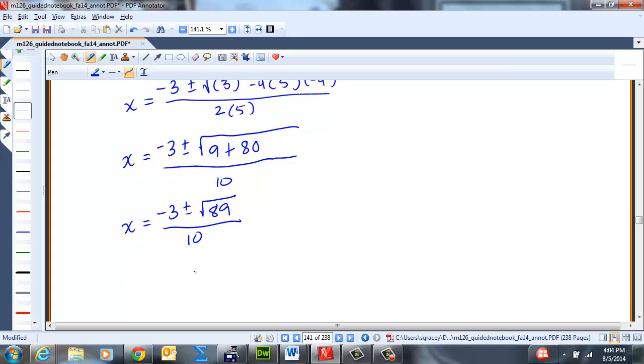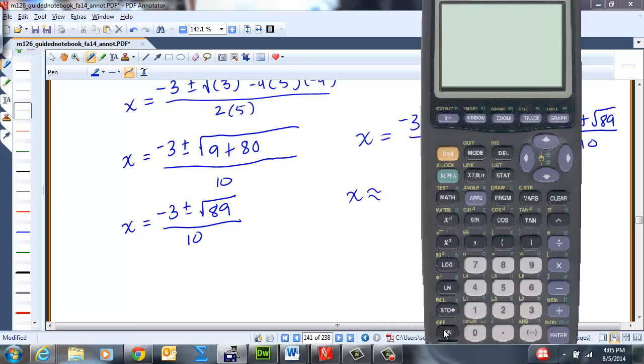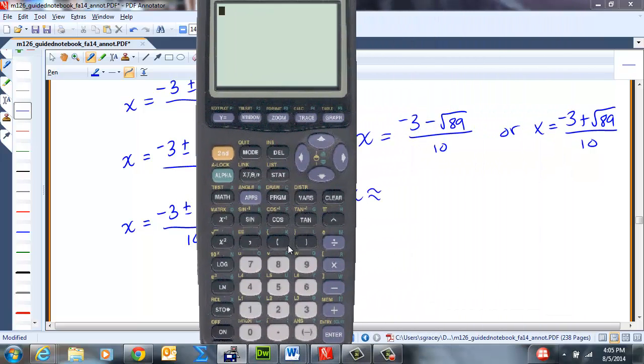So we have two situations. x can be equal to negative 3 minus root 89 all over 10, or x could be negative 3 plus root 89 over 10. So getting the approximate results, I'm going to put parentheses and we'll have negative 3 minus the square root of 89 divided by 10.